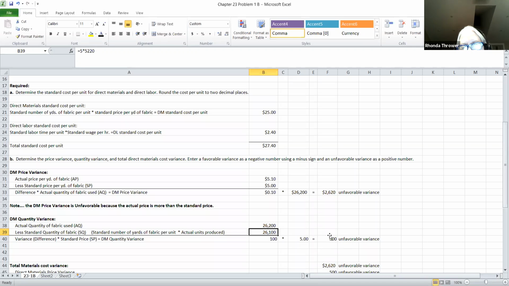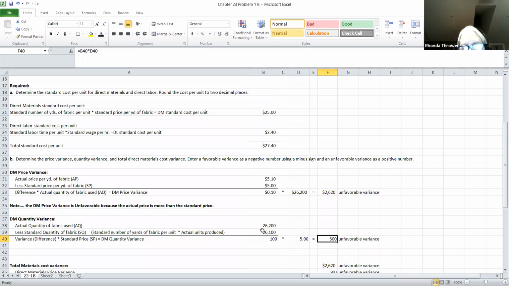And just like we did before, we want to investigate this unfavorable variance. We would want to know why it took us more fabric than what we had budgeted for. It may be simply that you need to go to the production department and ask them some questions about why it took more fabric.